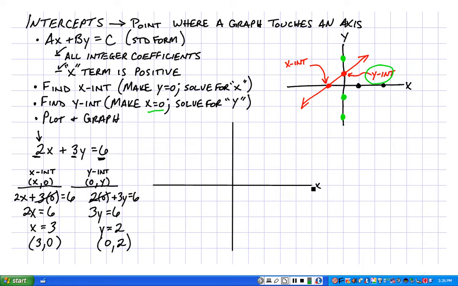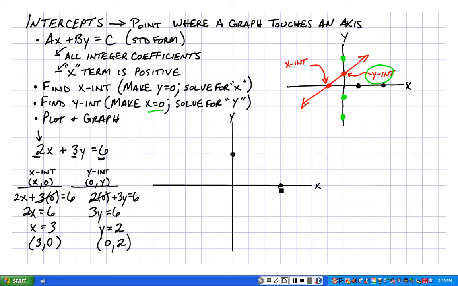If each one of the grids is 1, then 3, 0 is over 1, 2, 3, and make a dot. There's 3, 0. For 0, 2, go up 1, up 2 on the y, because it's a y-intercept. The y-intercept is on the y-axis. The x-intercept is on the x-axis.